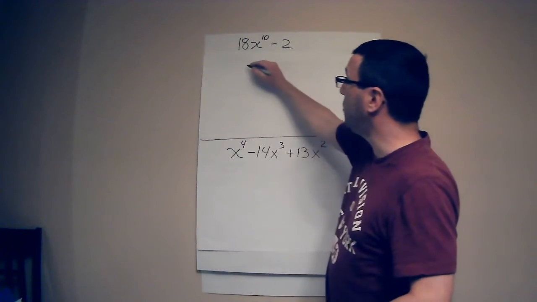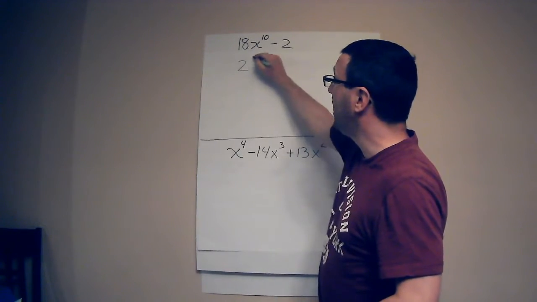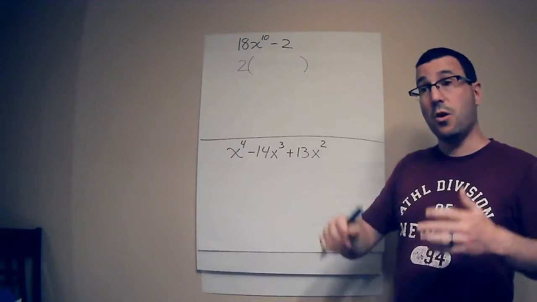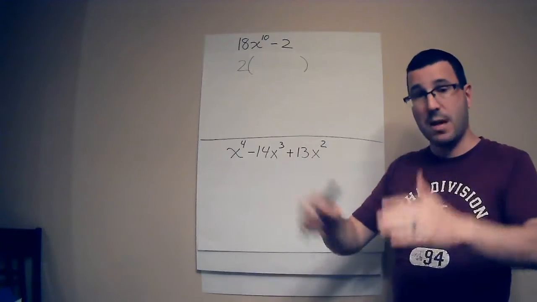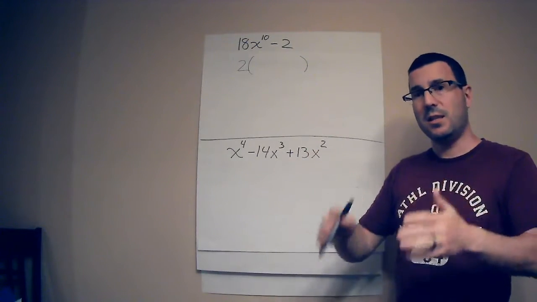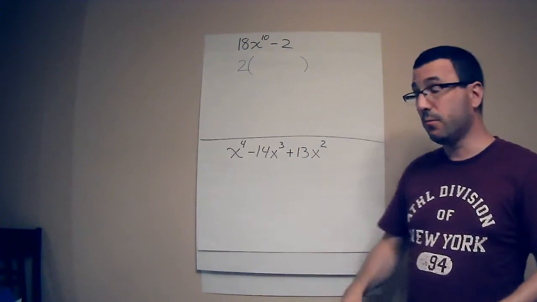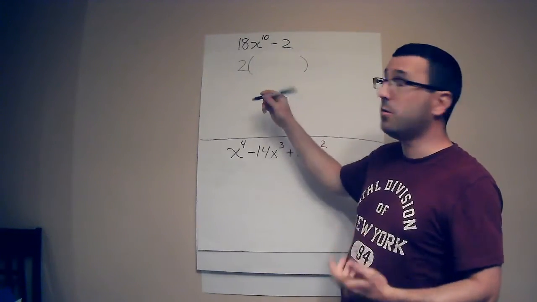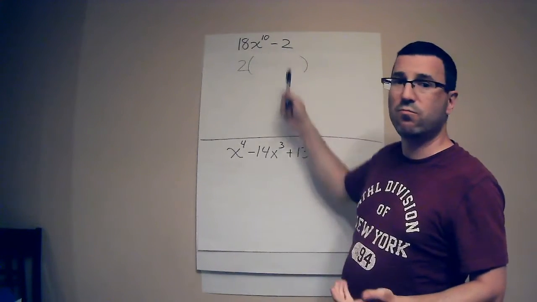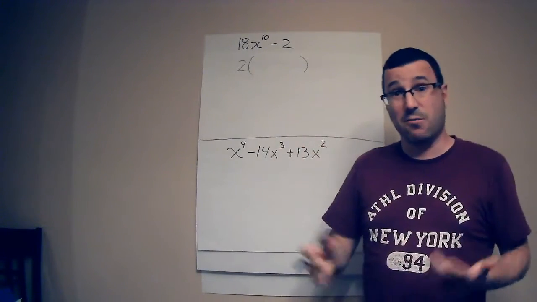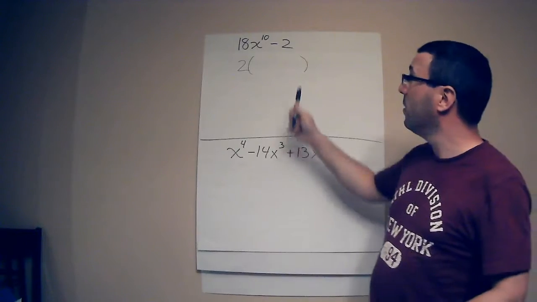So I'm going to write a 2, and then I'm going to write parentheses, because what I have left over I'm going to have in that parentheses, and I'm going to continue to look at what is in the parentheses to see, well, can I do another step here? So I pulled the 2 out, and I'm now going to also look and say, well, do I have the variable? No. I kind of jumped the gun here. That's why I should have left a little bit of space in case there was a variable there.